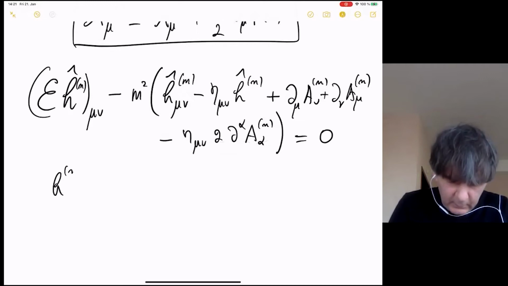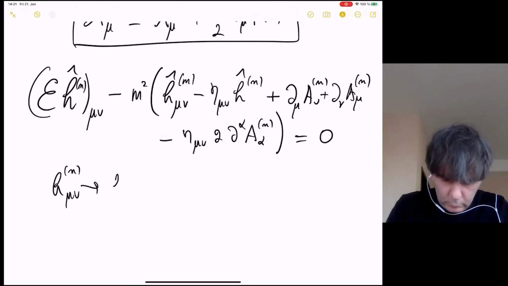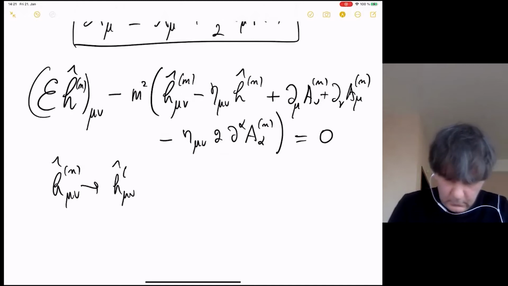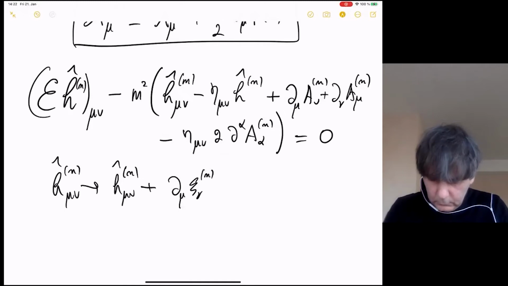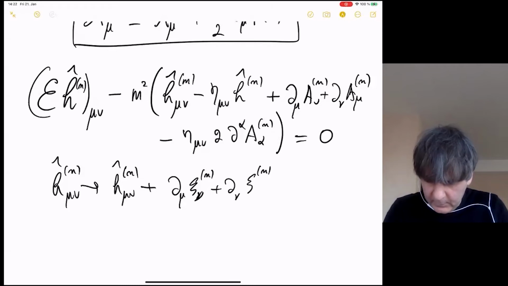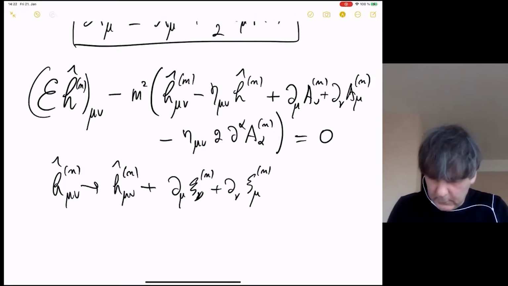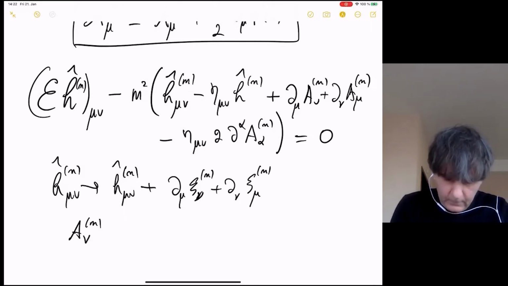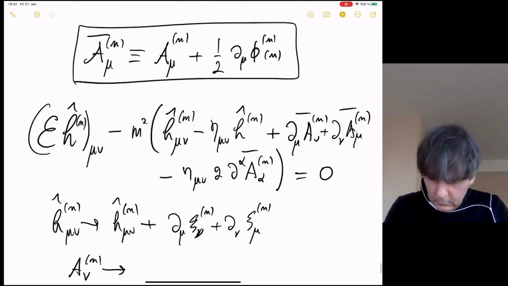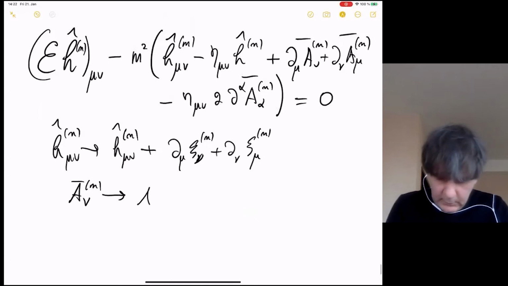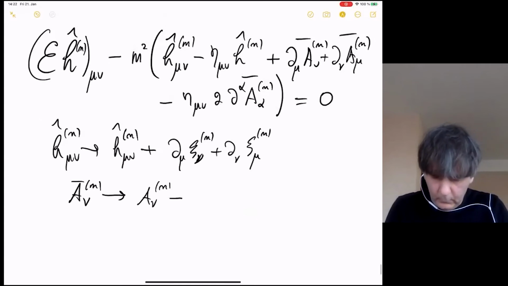Because at each level, h hat mu nu can be shifted by a symmetrized derivative of an arbitrary function xi, whereas a m can be shifted, sorry, this is a bar, can be shifted by the same vector.